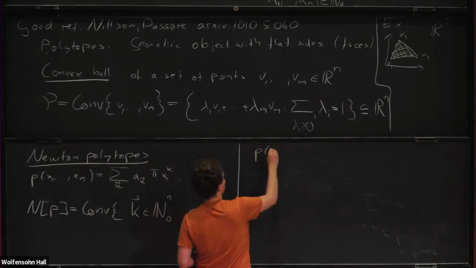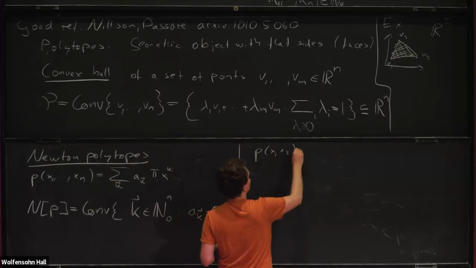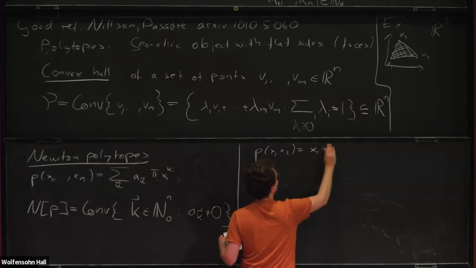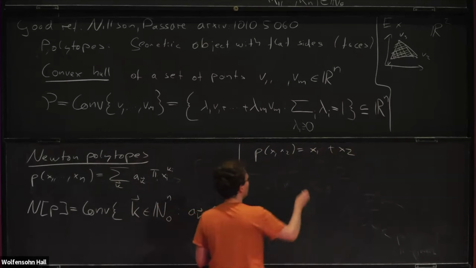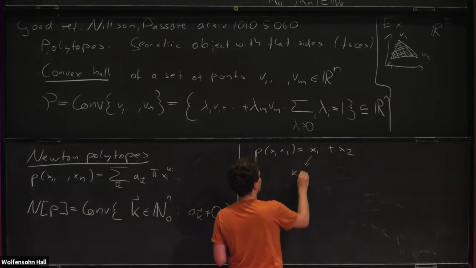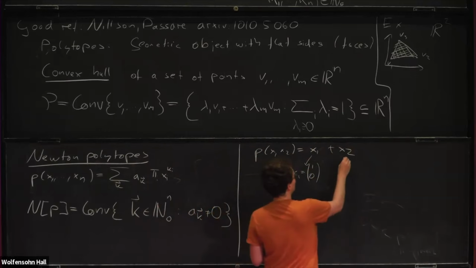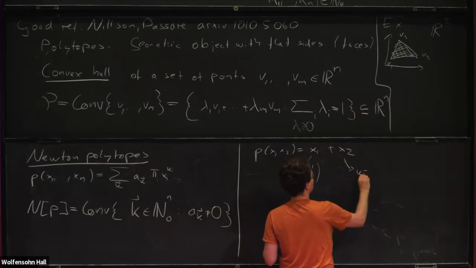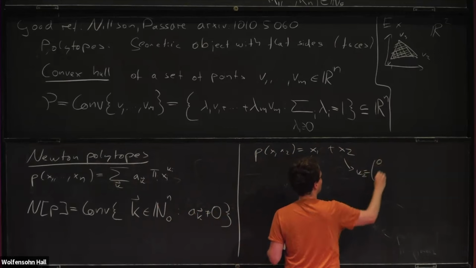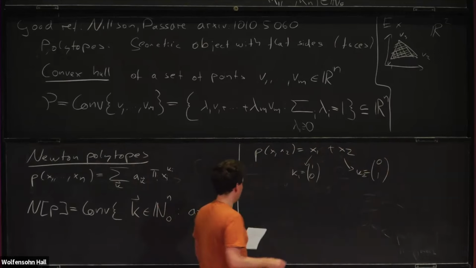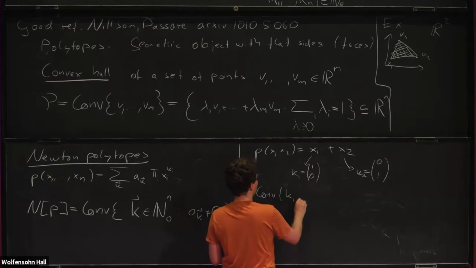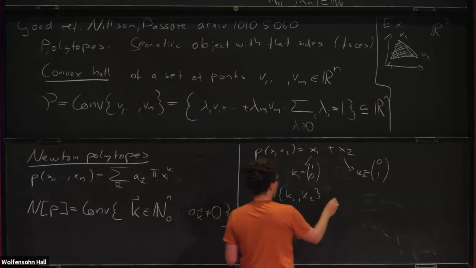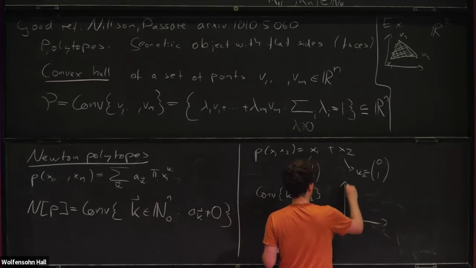As an example, the easiest example is just a linear polynomial. There we have two indices, say K1 is the vector 1, 0, and K2 is the vector 0, 1. So the convex hull of K1, K2, we can just draw in two-dimensional space.